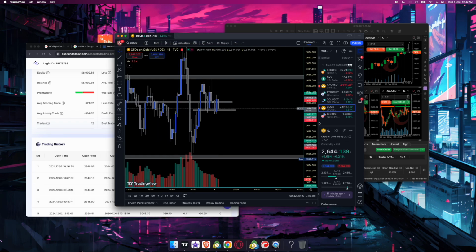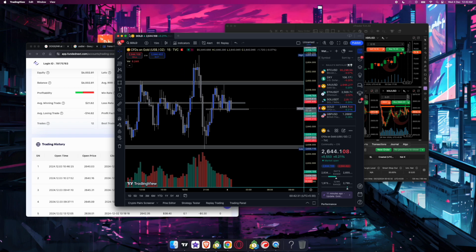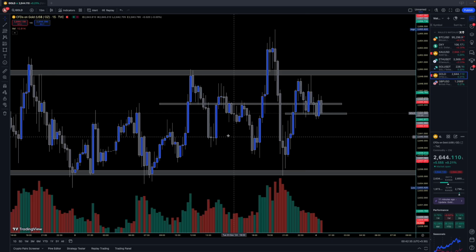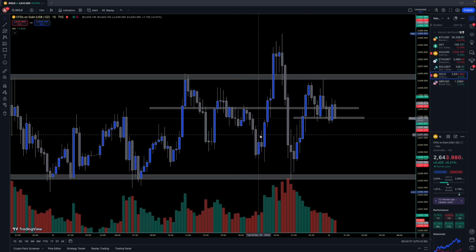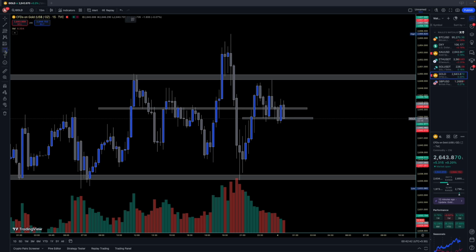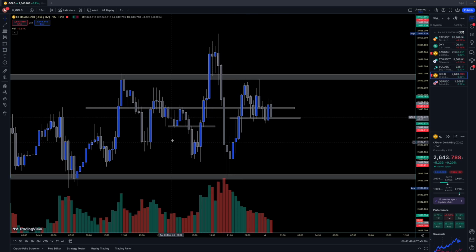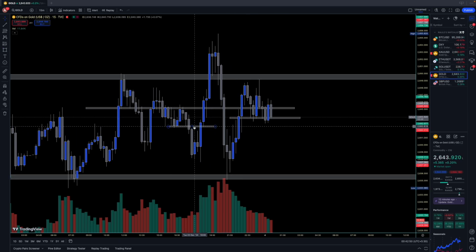As you can see here on the gold chart, my entry point was somewhere around here.